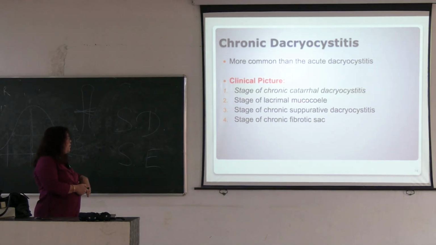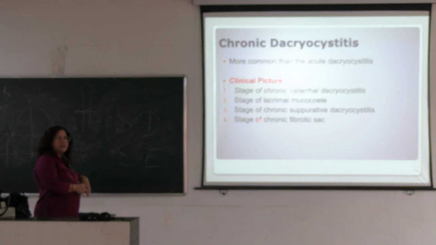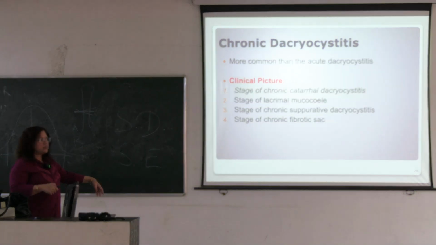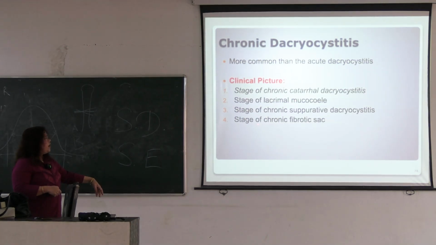It is sterile, and when a secondary infection occurs, this mucocele turns into a pyocele. So this stage is also called pyocele, and after treatment for a long time, when the sac is reduced and fibrosed, this is called chronic fibrotic sac. This is the end stage.